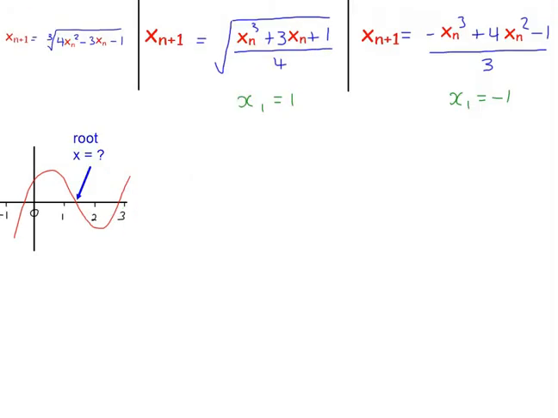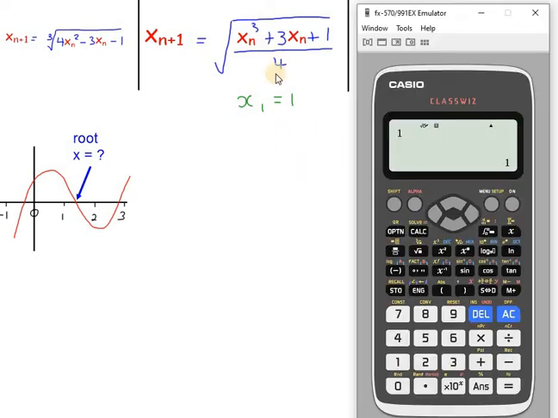Okay, so it's time to try one of the other iteration formulae. So I'm going to try these initial values with these formulae. Let's start off with the one in the middle. This one we've already used, so ignore that one now. So x1 is 1, so 1 equals, that's now stored in the answer function. I've just entered this formula using the answer function to replace the xn terms.